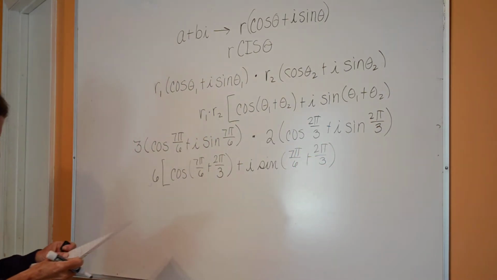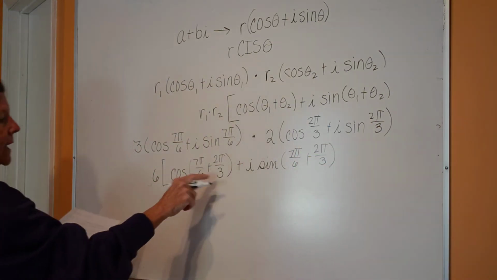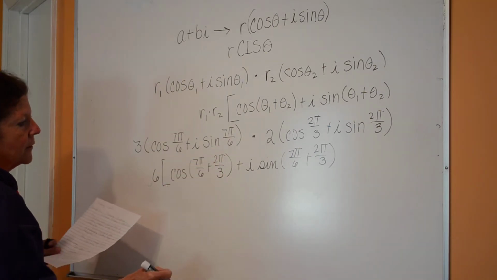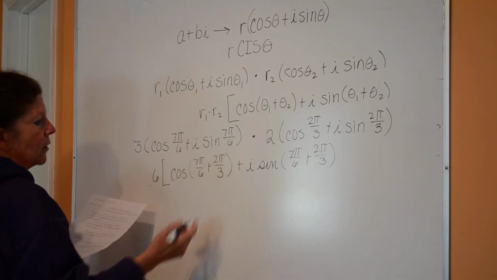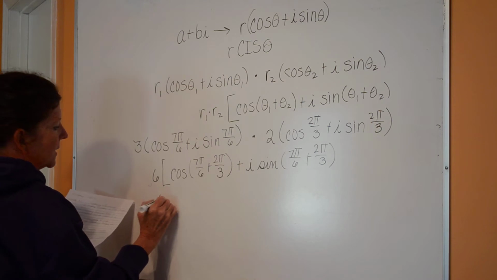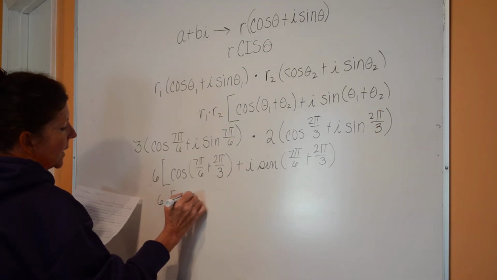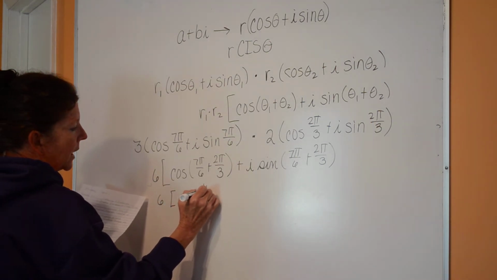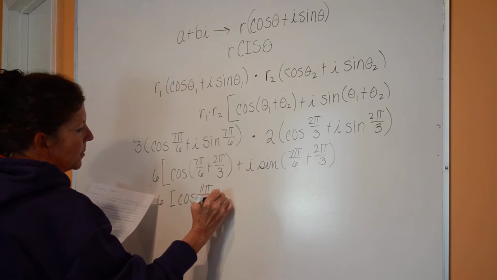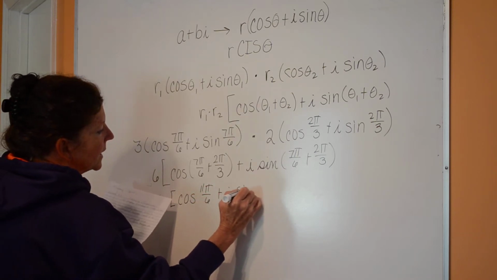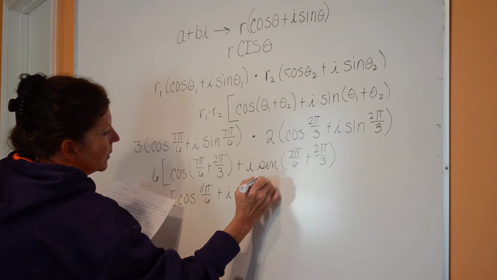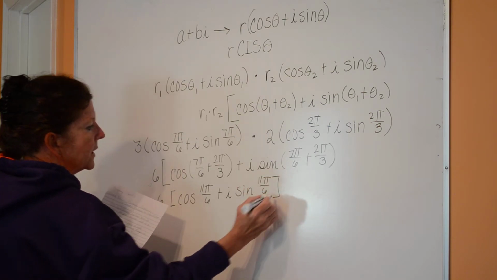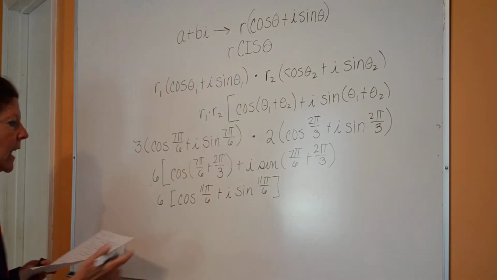All right, when I add those things together, I've got to do a common denominator there, which is going to give me 11 pi over 6. So I have 6 times the cosine of 11 pi over 6 plus i times the sine of 11 pi over 6.